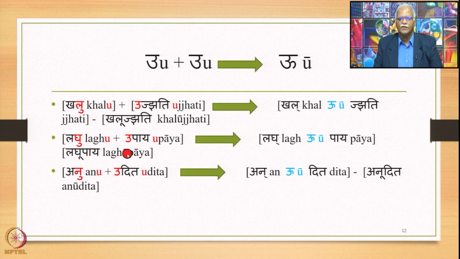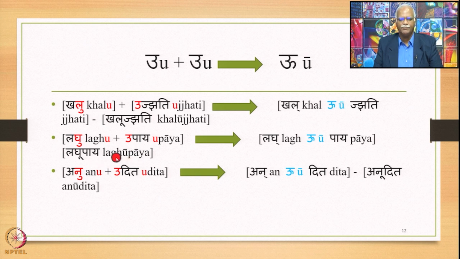And so in the samhita mode, 6.1.101 applies and generates the output in this format: lagh, u and paya. This long u replaces both short ukaras. And so we get the final output, namely laghupaya.